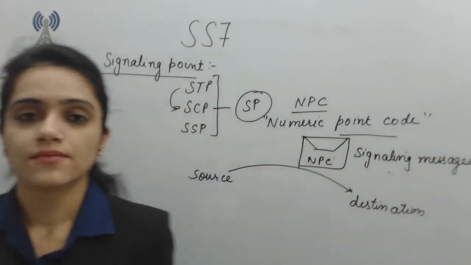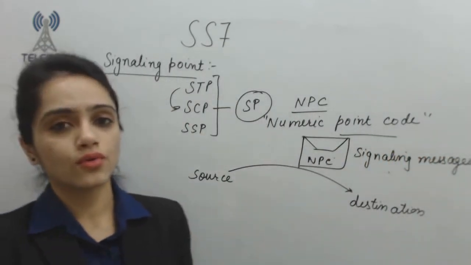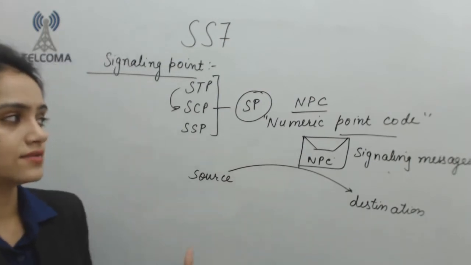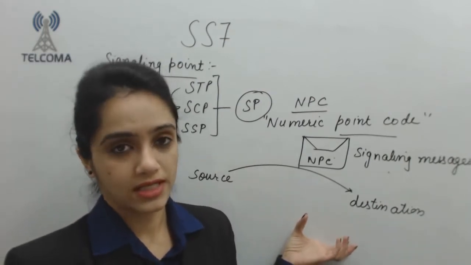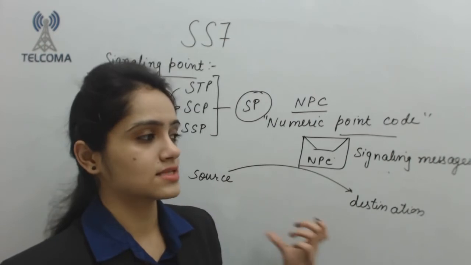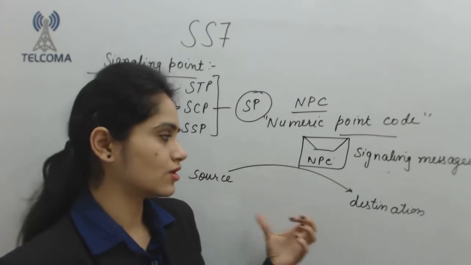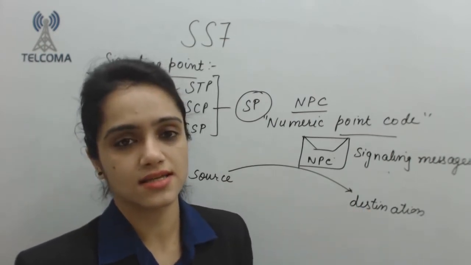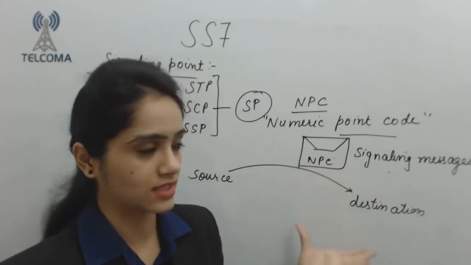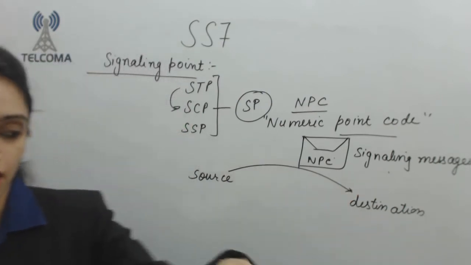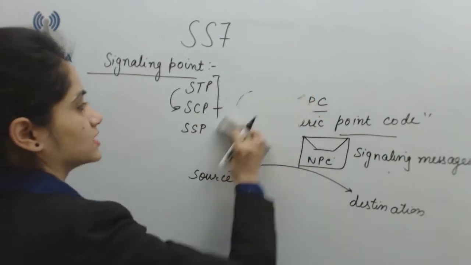So that means signaling messages have their own identifications, and that identification is numeric point code, and whenever there is a transfer of packets from source to the destination, there is the exchange of those codes in the form of signaling messages.